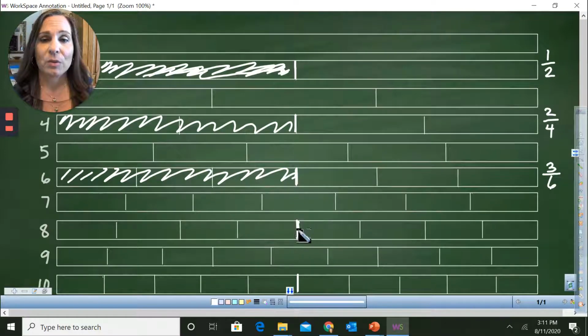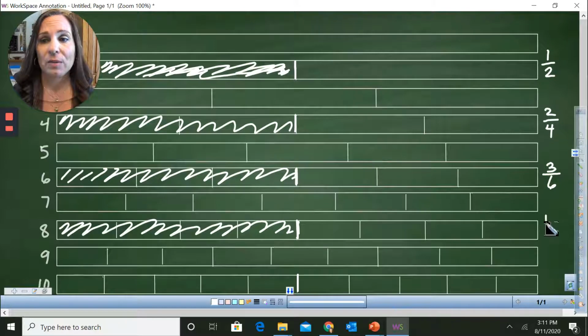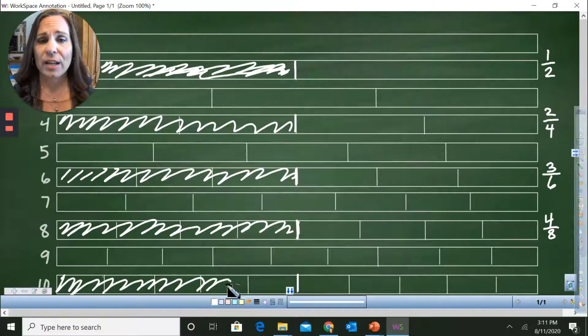And then we've got the 8ths, and we'd be shading 4 out of the 8 on that strip. And then the last one that we can show 1/2 is the 10th strip. And if I shade half of the 10th strip, I would have to shade 5 out of the 10 pieces.